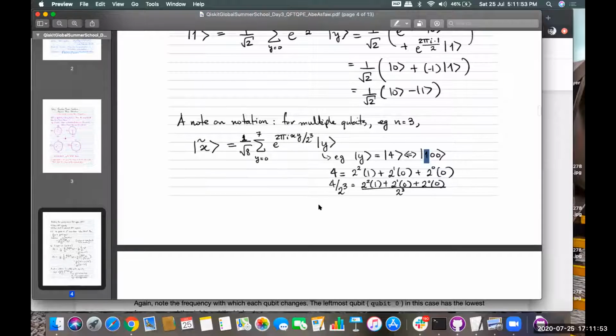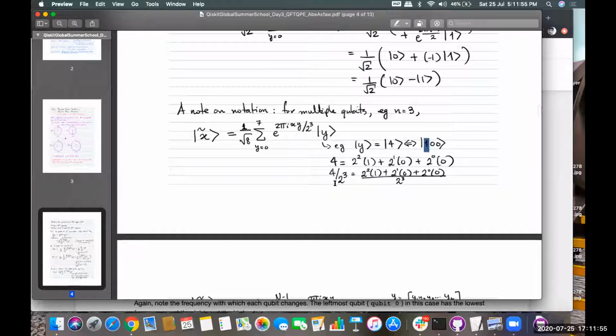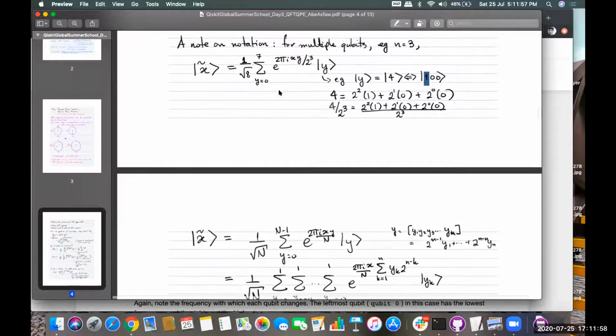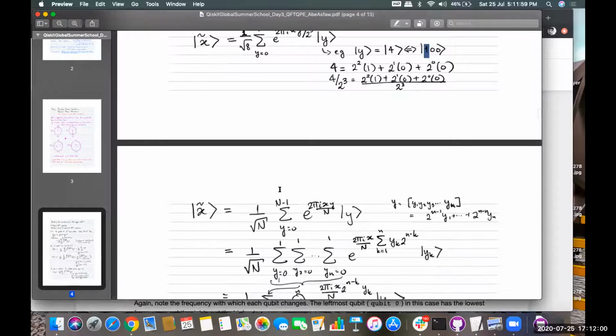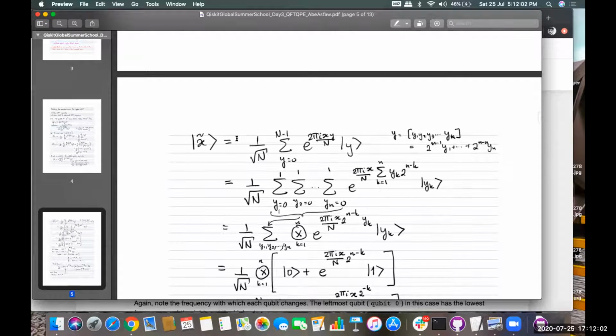Suppose the value of x is given by this. If we have to generalize this further, x tilde will be given by 1 by root n, summation of y equal to 0 to n minus 1, and this is the basic formula.